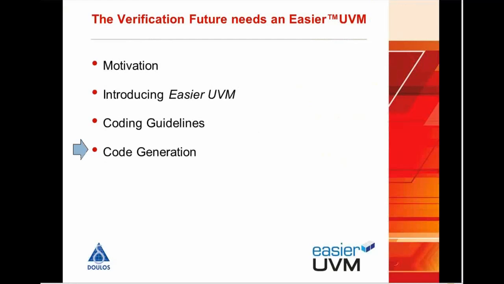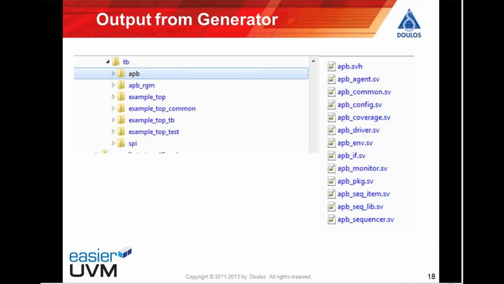The last point is code generation. The output from the code generator provides us, firstly, a certain database. That means we are storing the data depending on functional interfaces.